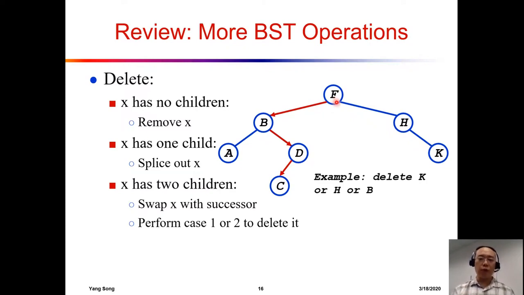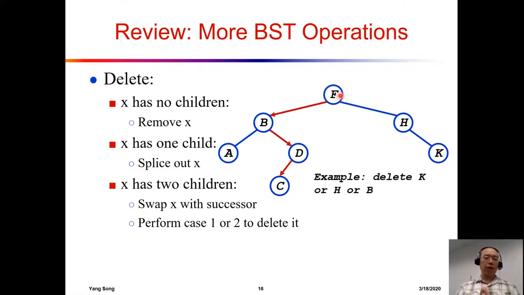So we just skip H and link K directly to F. In this case, K will be F's right child, and we say we splice out the node H.